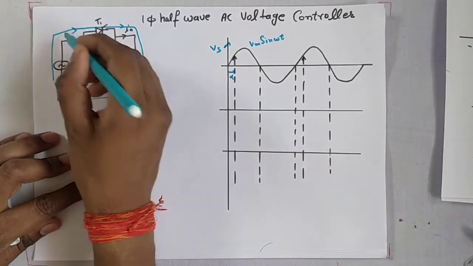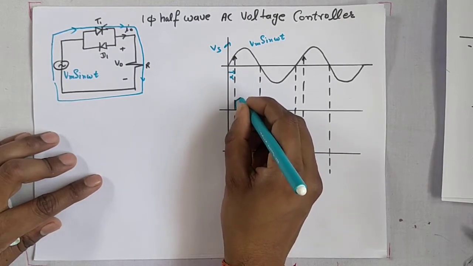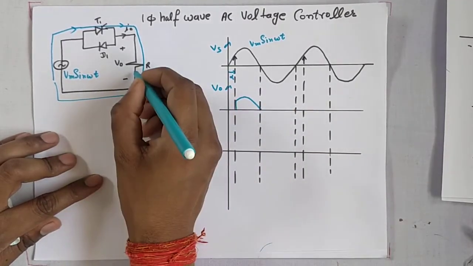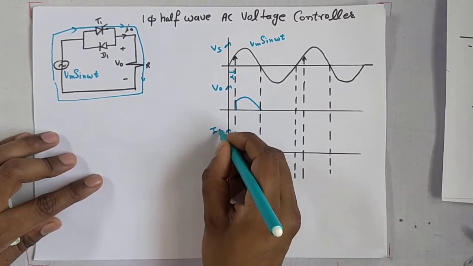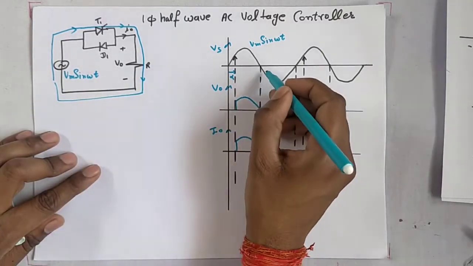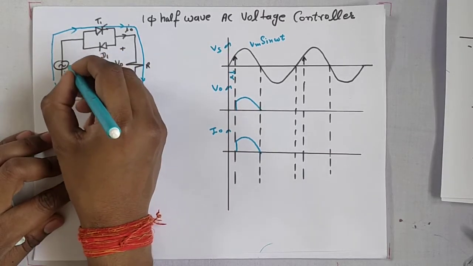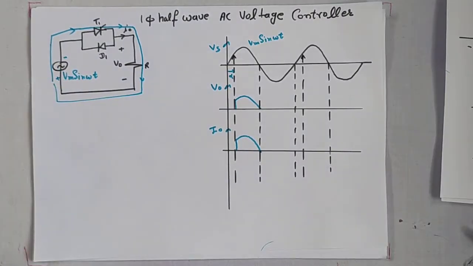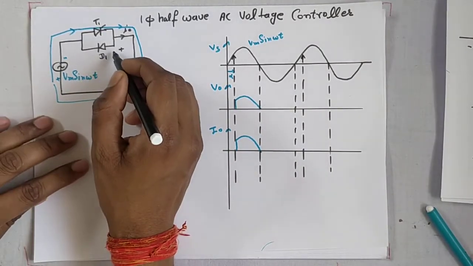This is the current flowing through T1. So the output voltage will be like this, across the resistance. The output current will be the same as the output voltage. When the source voltage is negative, this side is minus and this side is plus, and the diode gets turned on as the voltage becomes positive across it.